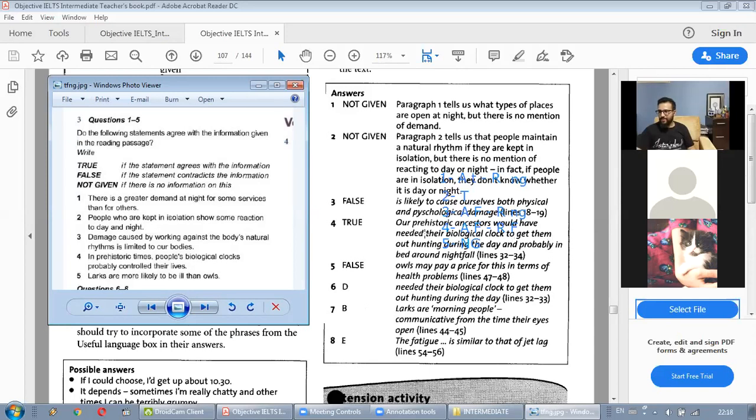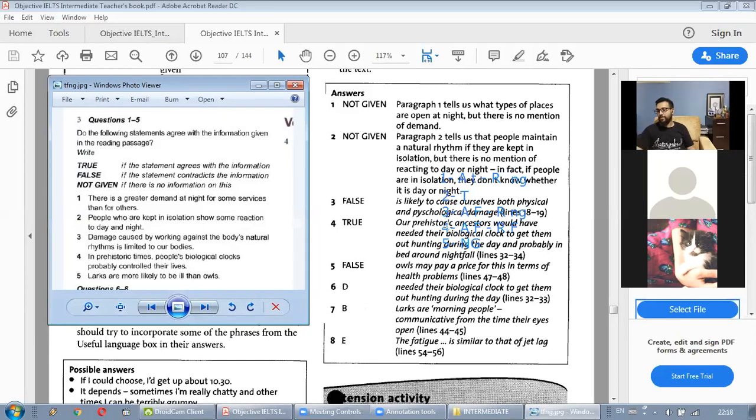How come it's true? It's true, because here it says they needed in the past their biological clocks to help them hunting during the day. And the question says that their biological clocks probably controlled their lives.